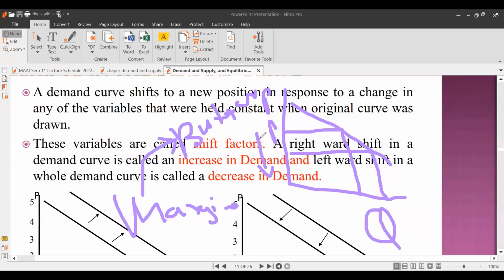If there's a reduction in the price of butter, the butter quantity will increase. The butter demand will increase. Right?